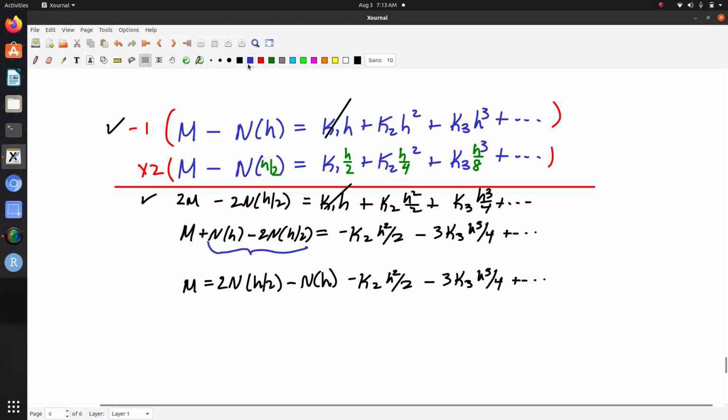It's still there. And these pieces here I'm going to call N2 of h. So we had N of h. N of h is now going to be called N1 of h, so we don't get confused.